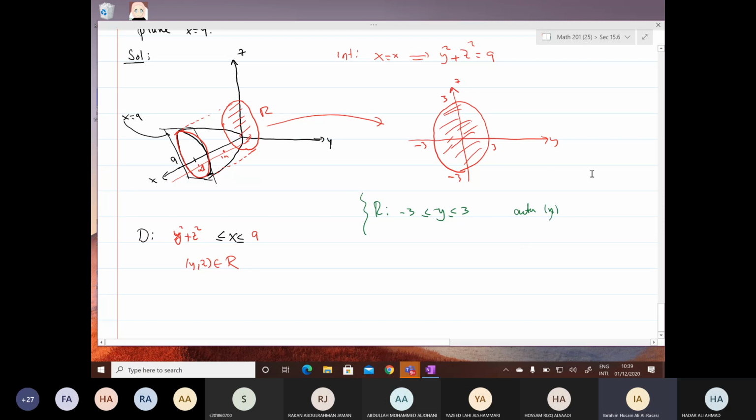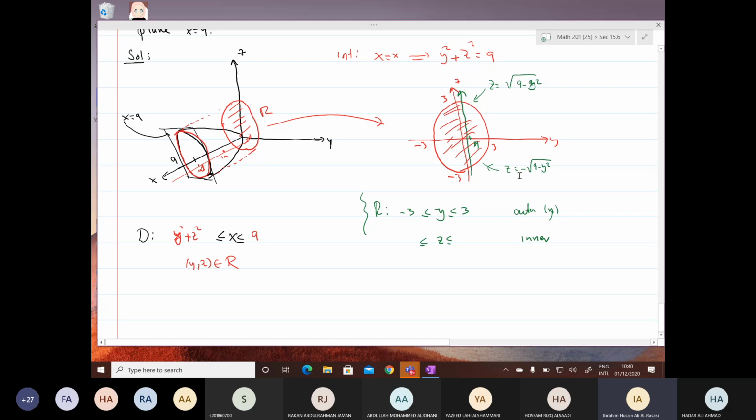Now the inner is z. I have y and z, not x, y and z; you just change the letters. I have to solve for z. You solve for z: z equals root of 9 minus y squared, the upper circle, and z equals minus root of 9 minus y squared, the lower circle.